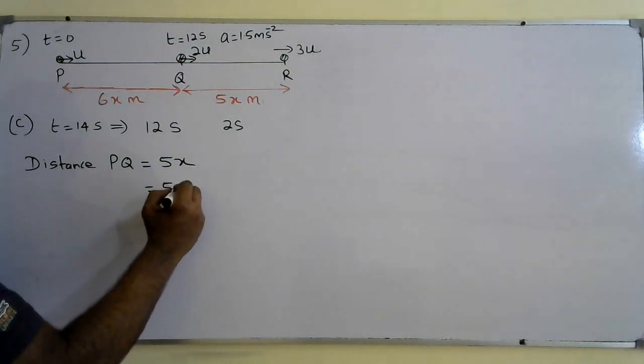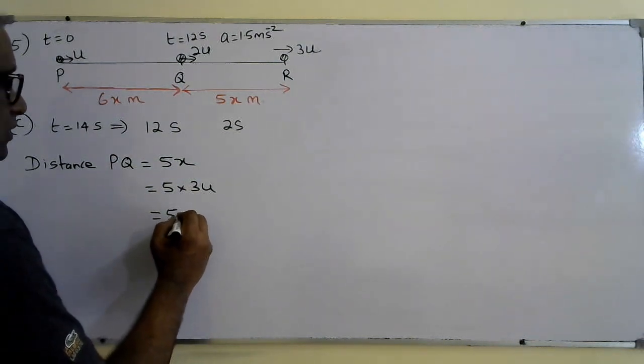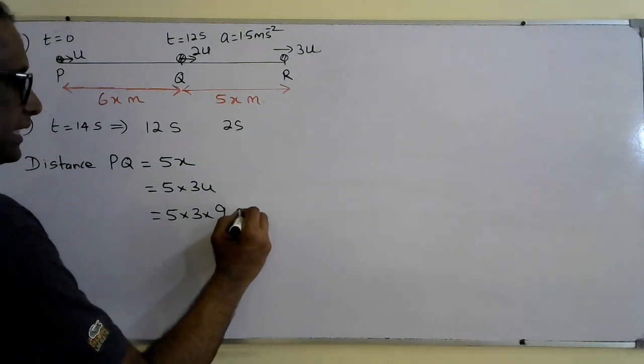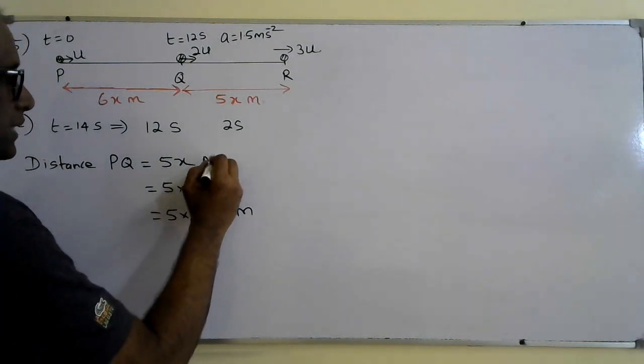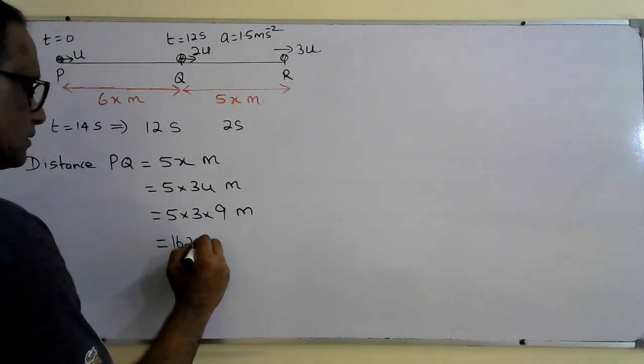Here x is 3u, so 5 into 3 into u, and u is 9. Solve this and you will get the distance traveled during the first 12 seconds from P to Q, which is 162 meters.